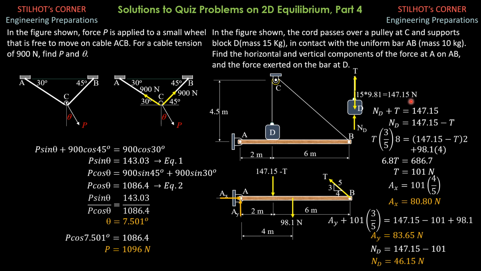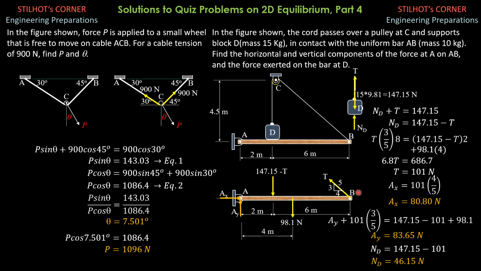The contact resistance between block D and the horizontal bar therefore is equal to ND, and it is 147.15 minus T.